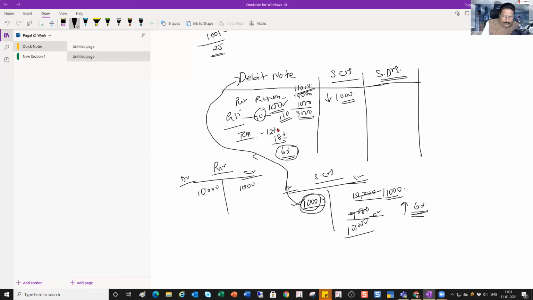So in all these three, it is basically the tax amount that we are increasing or decreasing. In the other two cases, in case of your purchase return, and where a debit note or a credit note is raised for a price difference, the GST component is definitely going to be involved, and this information needs to be submitted as part of your return, right? So when we come to the GST module, we will discuss this.